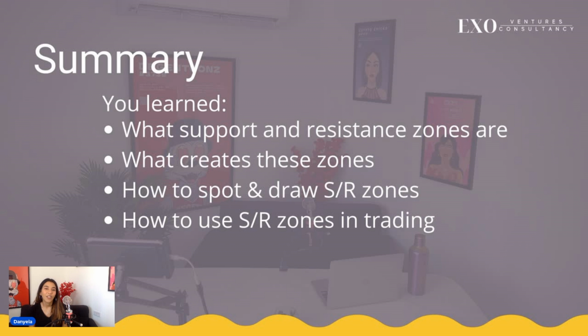And you also learned how to use these zones in trading. So now, combined with the first episode, you know how to read price action, candlestick charts and candlestick patterns, and you also know how to use support and resistance zones. In the next episode, we're going to be moving into moving averages, so make sure to follow along on the series to learn more about that.